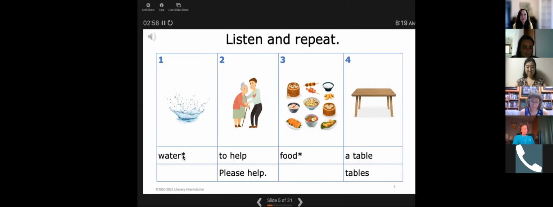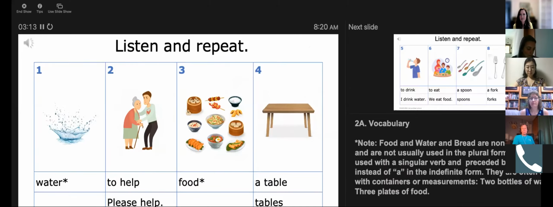And you notice here, water has a little asterisk on it. If you see an asterisk, it means check your teacher's notes that there's some comments on it. In the teacher's notes, it will show you that 3 of the words we have in this lesson, food, water, and bread, are non-count nouns.